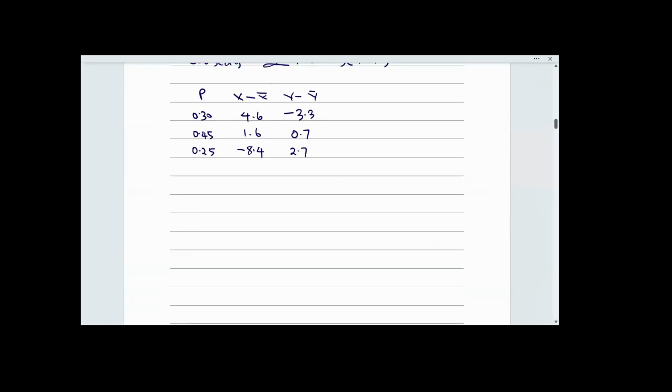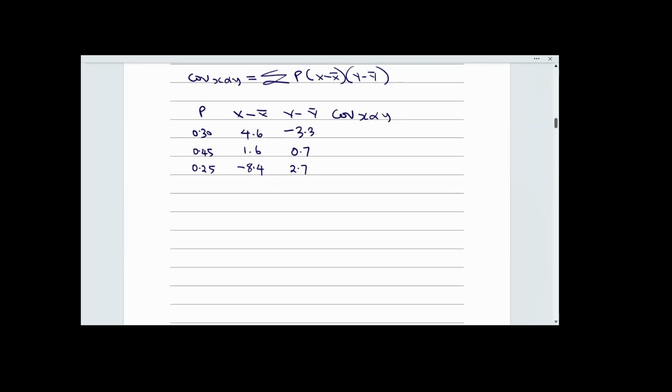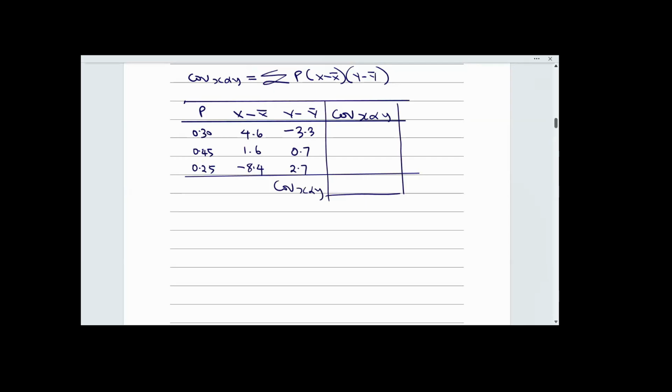To get the covariance, you are supposed to multiply the three of them, so you multiply each row. The first one I have is minus 4.554.